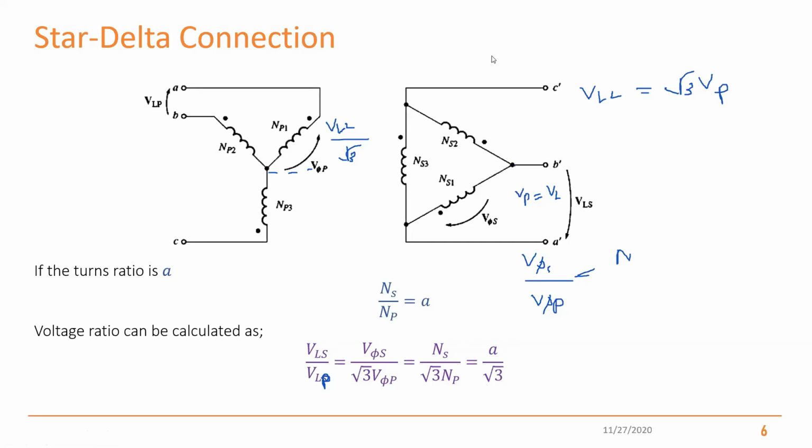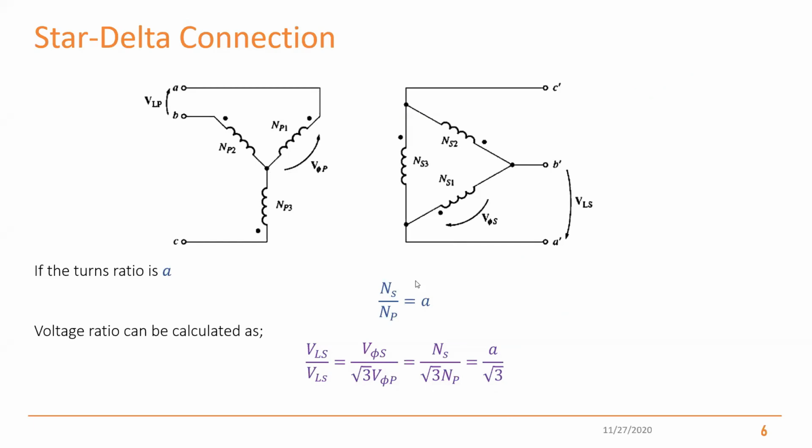With regard to the star delta or other formations, you have to be careful. What you have to select is the primary turns ratio.